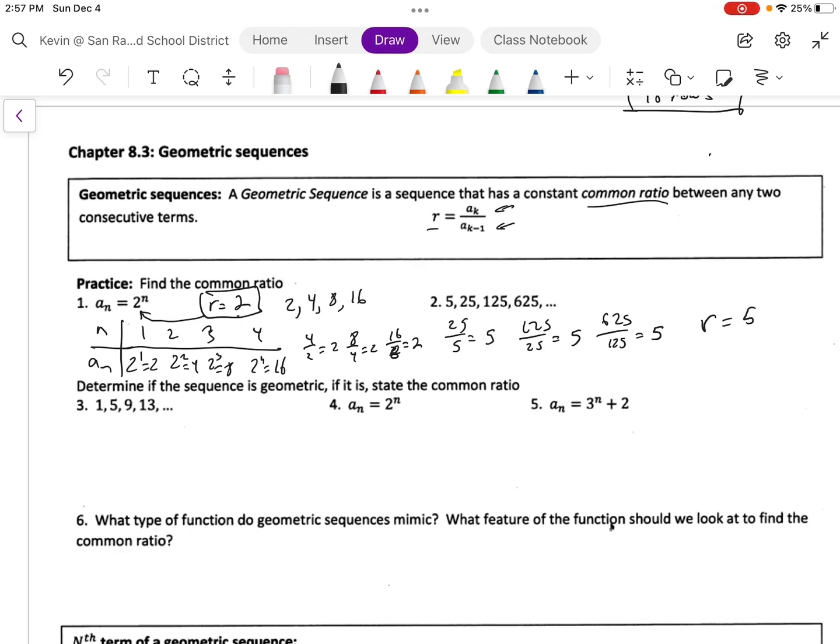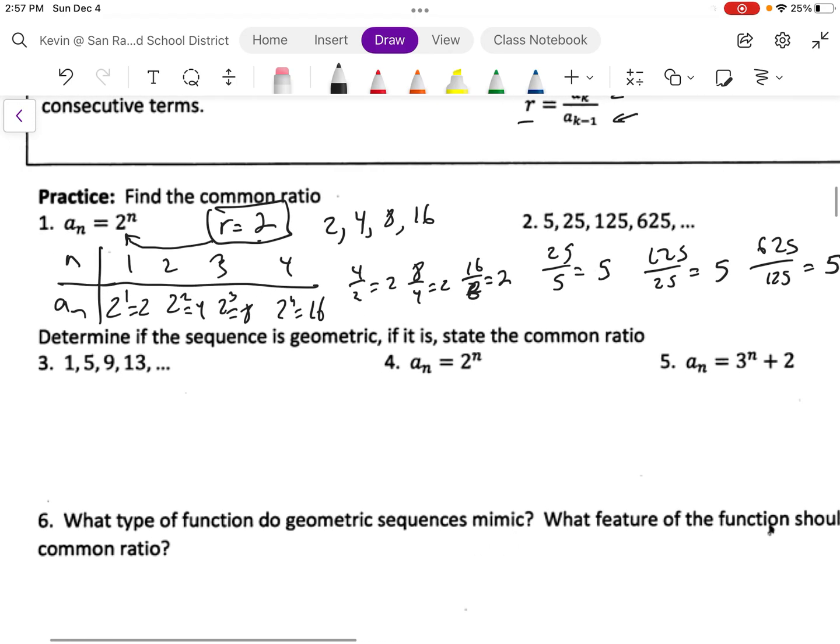Determine if the sequence is geometric. If it is, state the common ratio. Well, if I go 5 divided by 1, that should equal 9 divided by 5, but it doesn't. They don't equal each other. And 9 divided by 5 does not equal 13 divided by 9.